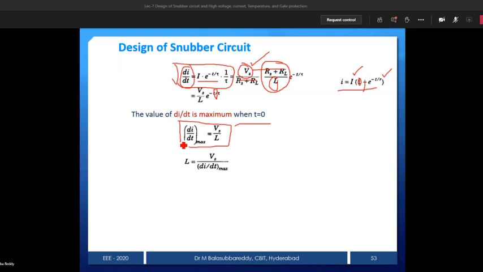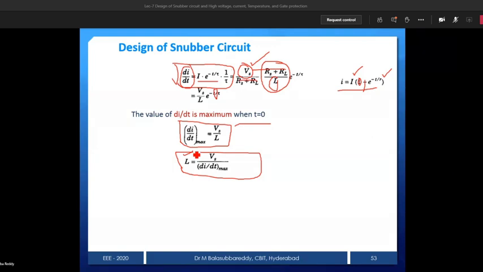If I place this L value in series with the thyristor, then that di by dt max will never be exceeded in the circuit. Means whatever current we are passing through the SCR initially should not exceed the di by dt maximum. So this is the design of L. In a problem also they may ask, I will show a problem today, they may ask for snubber circuit parameters.